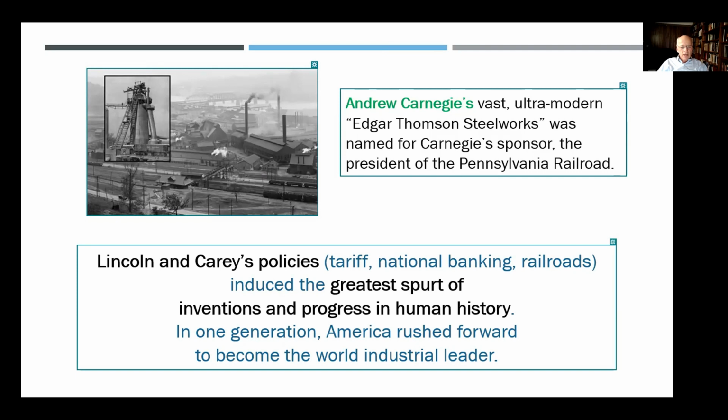Those three measures in particular brought about the greatest leap of industrial progress, centering on inventions and new technologies, that has ever happened.